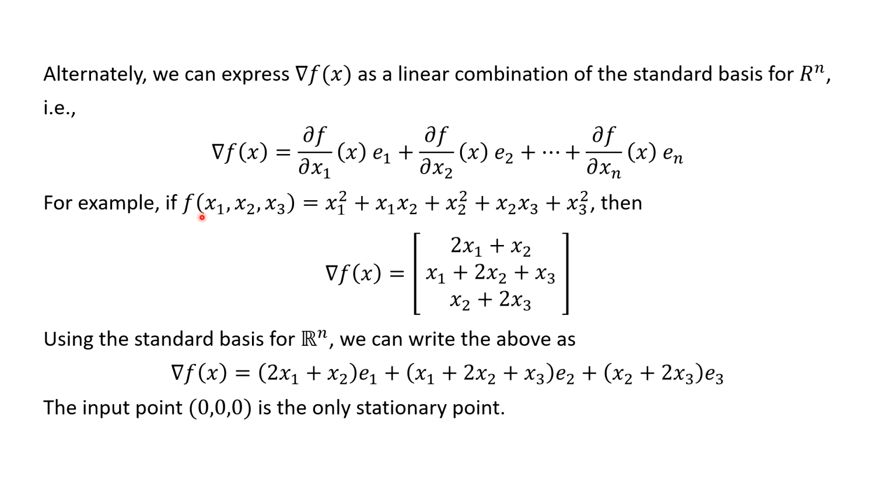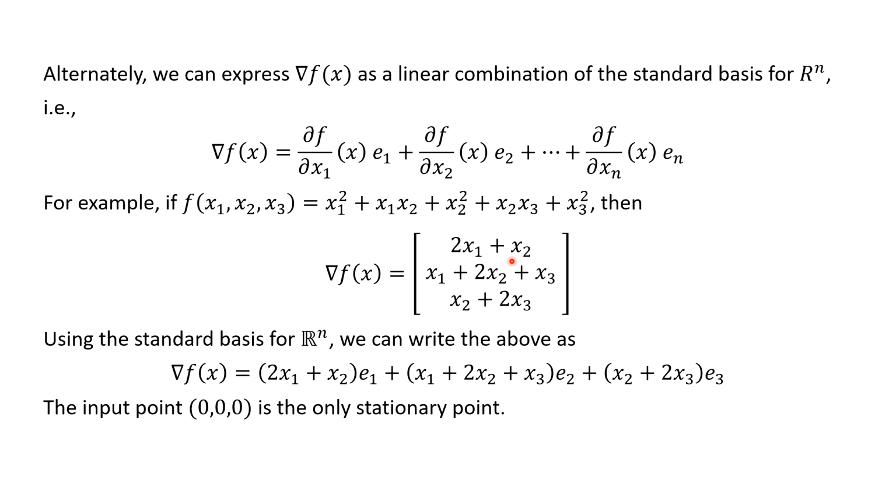We have a mapping f from R3 to R. So the gradient is the partial with respect to each one of the variables here. So let's do each one. So it would be 2x1, then this would just be x2, and then these don't have x1 appearing at all, so they would be 0.